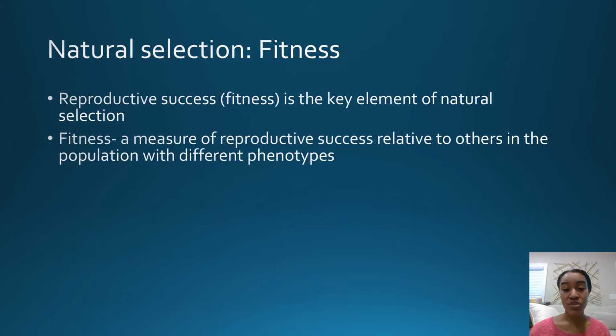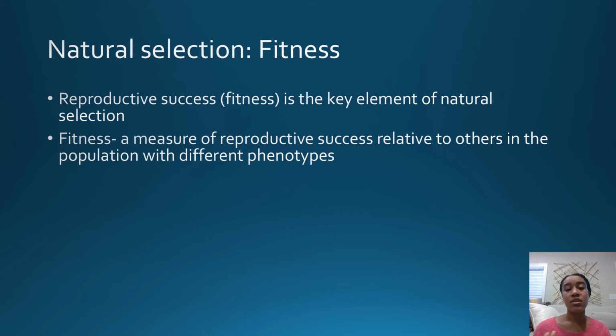Fitness is a measure of reproductive success relative to others in the population with different phenotypes, right? So if we go back to that rabbit example, the rabbits that are fast are more fit for their environment because they're able to live long enough to produce more offspring, right?